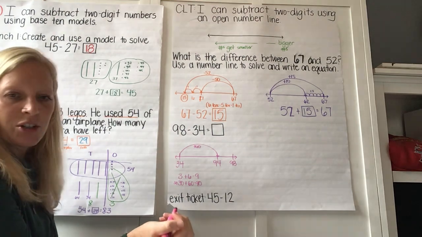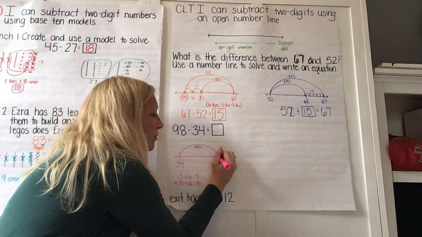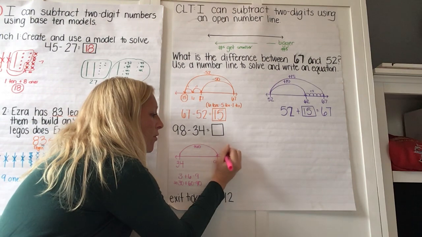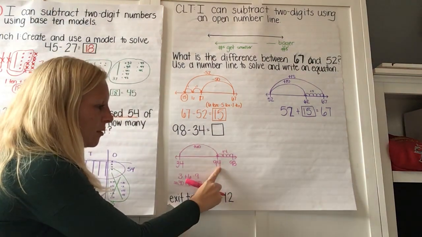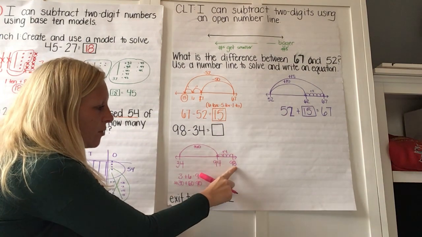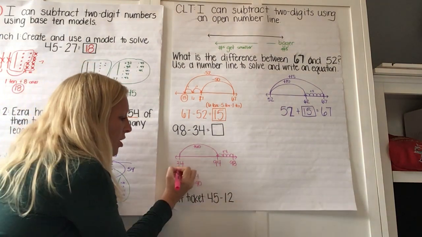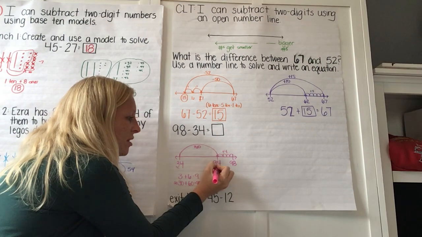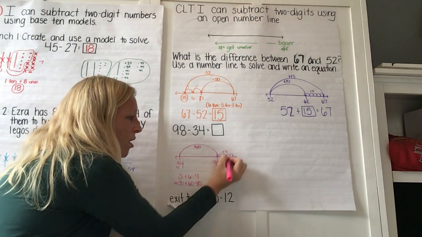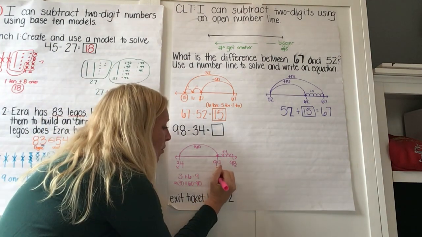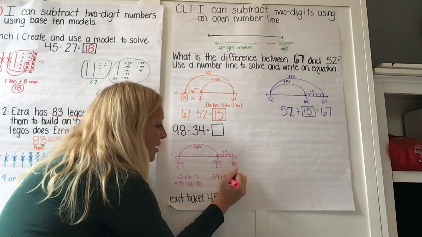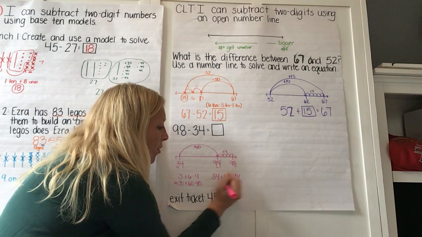All right, and then what did you do? 1, 2, 3, 4. And why only 4 more? Because 4 plus 4 equals 8. Ah, so you were adding your 10s, and then you're adding your 1s to get there. So 34 plus 60 got you to 94.